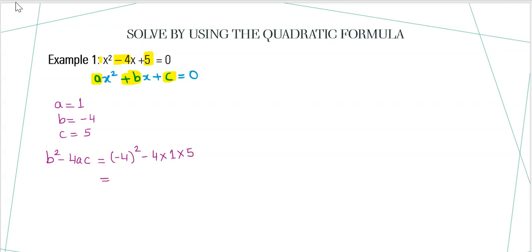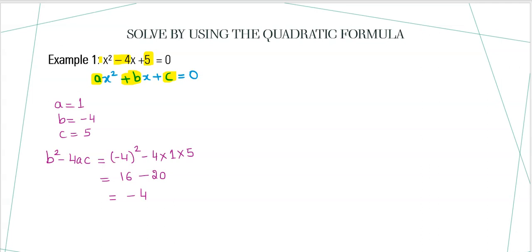Upon solving it, minus 4 power 2: minus minus 2 times becomes positive and 4 multiply 4 gives you 16. Minus 4 times 1 gives you 4 and 4 multiply 5 gives you, yes, 20. So you get the answer as minus 4.